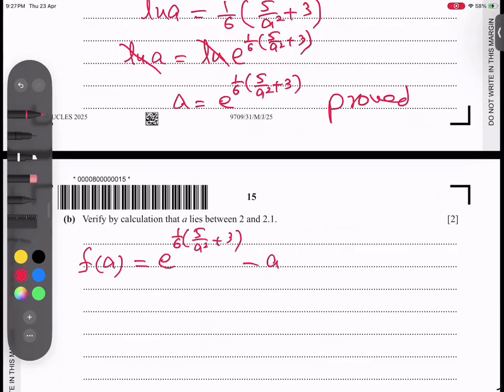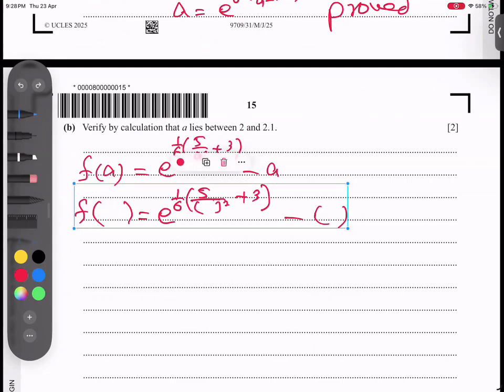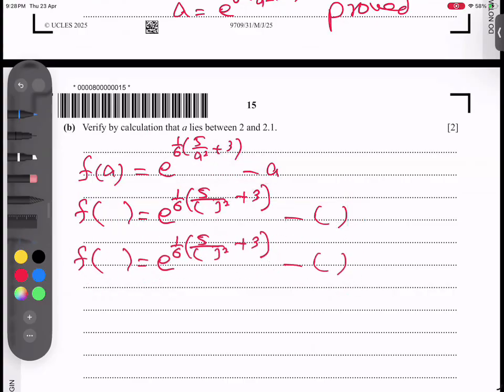So this equation I will copy 2 times, and both times I leave empty spaces, e to power 1 by 6 in the bracket 5 over bracket square plus 3 close bracket, negative a. I'm putting 1 and 2 in every empty space, but first I will copy paste because I need it a second time.